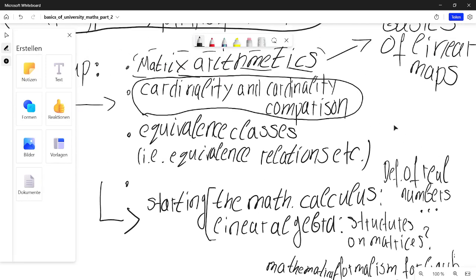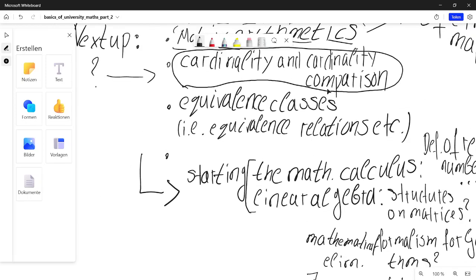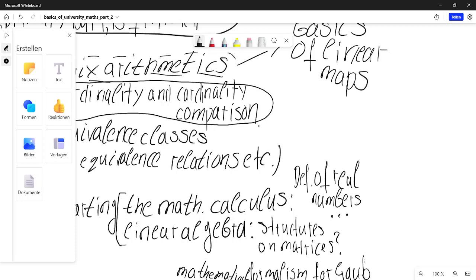Equivalence classes is also a nice topic generally. It's a very powerful tool. And through the year we have, of course, not necessarily for all the year, but yeah, abstract algebra.